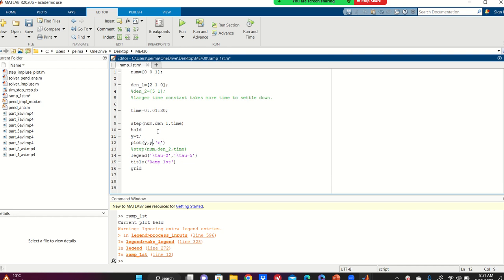I'm going to make it 20 seconds, because this is the ramp, y equals t, as I taught you. Oh, time. Sorry guys, time is this. Okay.